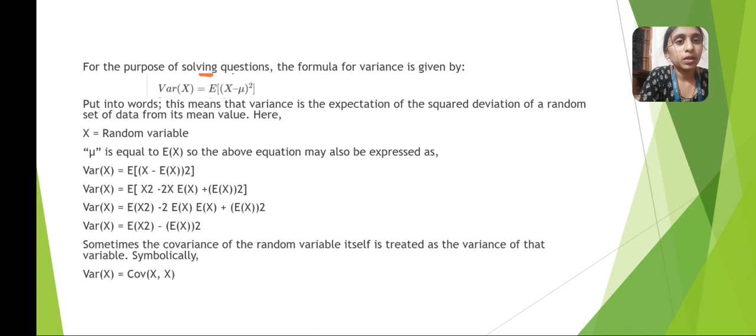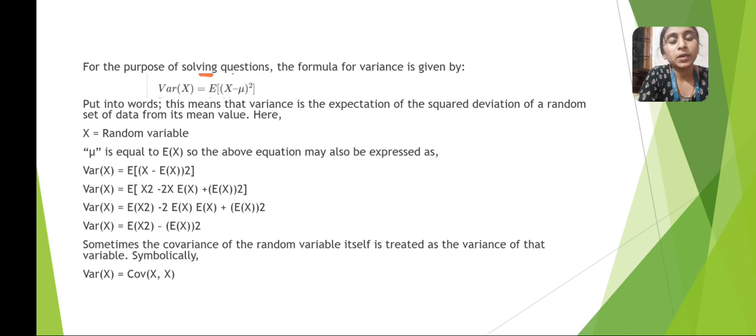Here mu is the mean value, and X is the random variable, and mu is equal to E of X. So the above equation may also be expressed as variance of X equals E of (X minus E of X) whole square. Here, E of X square minus 2 X E of X plus E of X square.